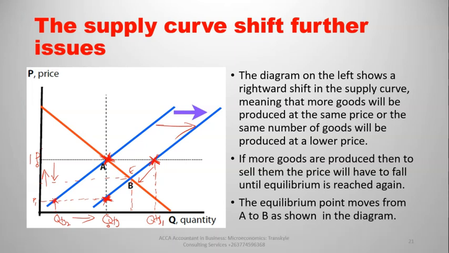So one more thing I want to highlight here is that the equilibrium point, which was originally A and has now become B, simply means that this is the point where the quantity demanded equals quantity supplied.